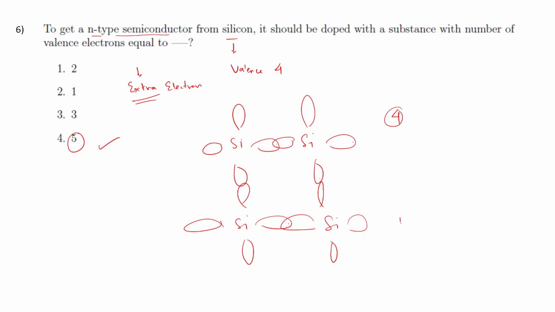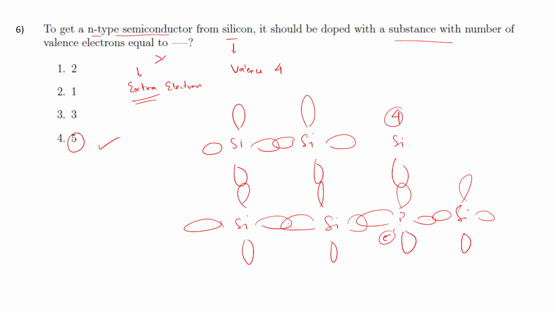For example, phosphorus will bond with 4 of these silicon atoms, but there will be an extra electron just lying around, and this will make the semiconductor n-type. That is why you have to dope with a substance with valence electrons greater than 4.